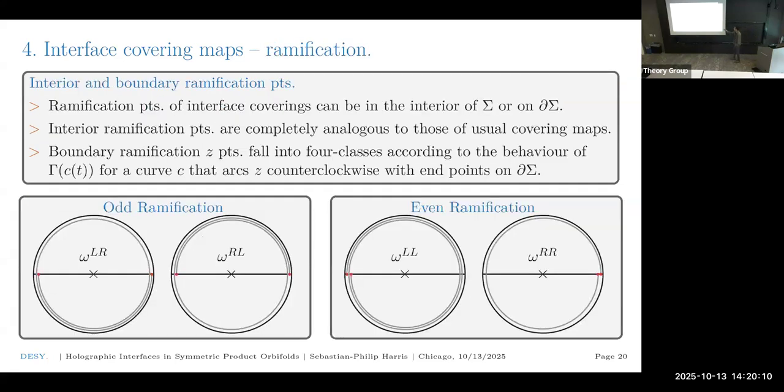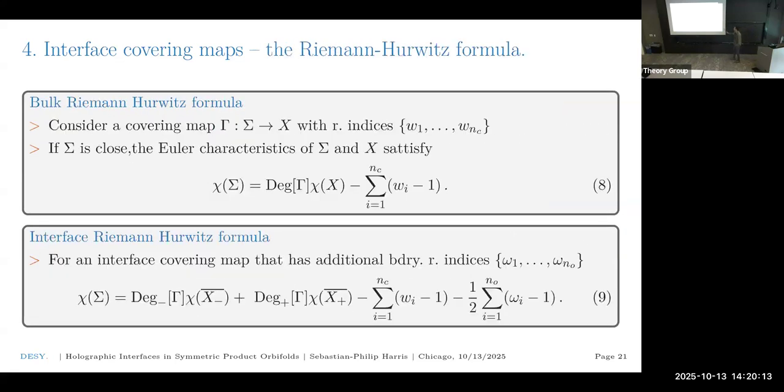Before going on to apply this now and to actually construct the interfaces, I want to make a brief comment for people that know the Riemann-Hurwitz formula for covering maps, which relates the Euler characteristic of the covering space to the Euler characteristic of X and the ramification of the covering map.